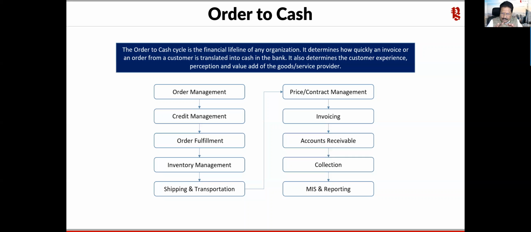I've taken this as a generic thing, considering larger, mid, and small organizations, and how organized businesses can use these systems and processes to have better control over their operations, right? So this completes our order to cash, or the sales cycle.